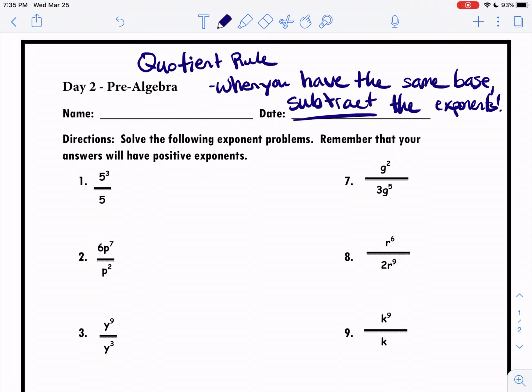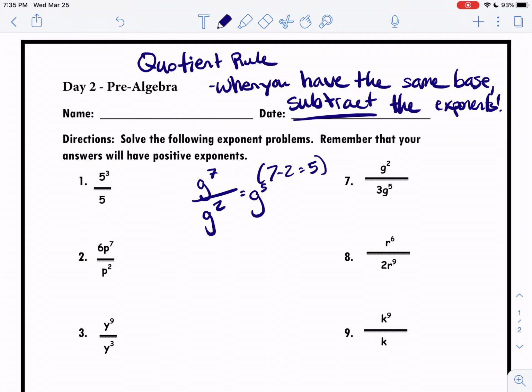Let's go g to the 7th over g to the second. Then all you do, you think, well, what's 7 minus 2? Well, that's 5. So g stays the same, and then we just add the 5 in our exponent spot.